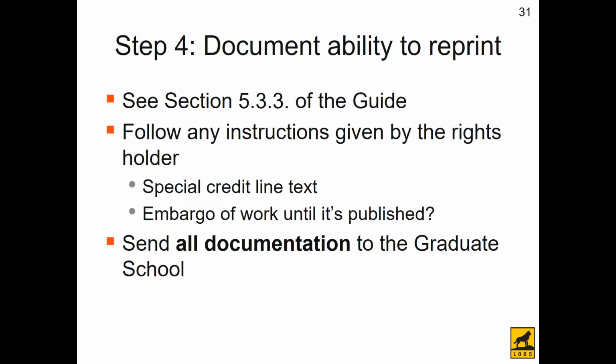Your rights holder will sometimes say they want a special line that says with kind permission from Springer Verlag, with kind thoughtfulness from Wiley. You know, they all have their own little thing they might want. And then we would ask that you would send all that documentation to the graduate school with your final submission so that it's all together and available for us to review.